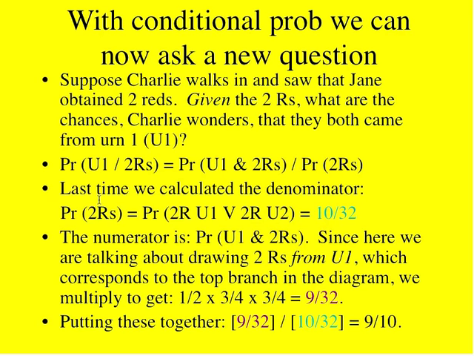With conditional probability, we can ask a new question. Given that someone saw 2 reds, and suppose they don't know what urn is being drawn from, given that you just see 2 reds being drawn, what are the chances that you drew from urn 1? Now, if you think about it pre-theoretically, the chances that you're drawing from urn 1 should be higher than the chances you're drawing from urn 2. Why?